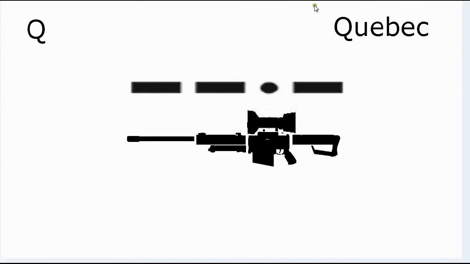Okay, so Q is for Quebec. Now, for some reason, I've chosen a sniper because I don't know what Quebec is, so at the time I just chose a sniper. See, so you have the butt here, the scope, the front of the stock, and the barrel.